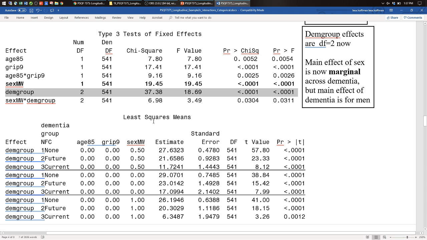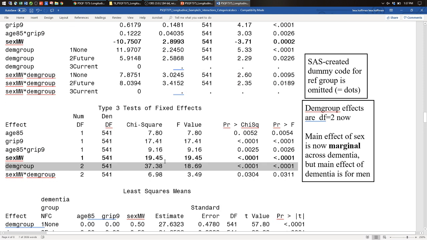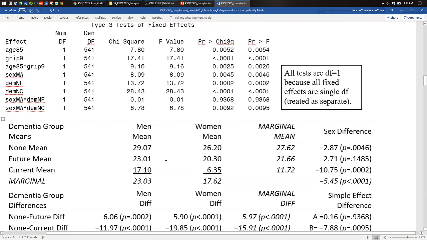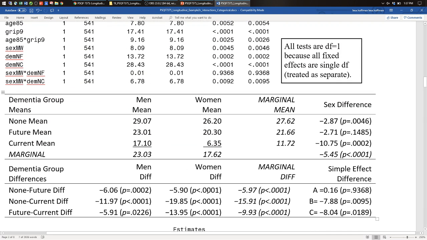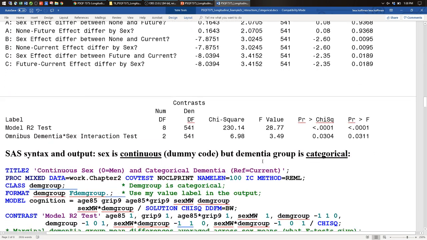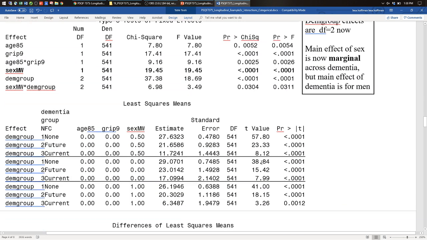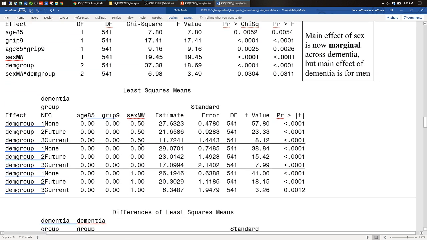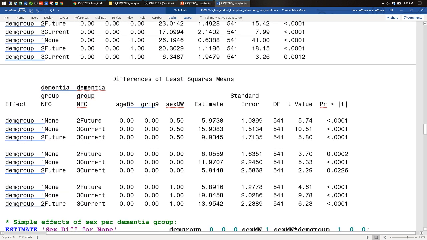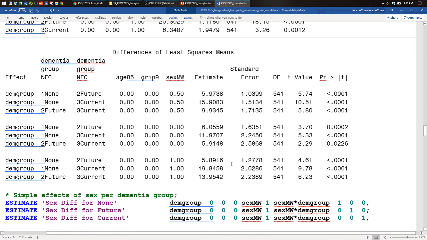Here are the least squares means. 27, 21, and 11 are how I got to the marginal means over here. The other ones are holding gender at 0 or 1, and then here are all the differences that we already found.